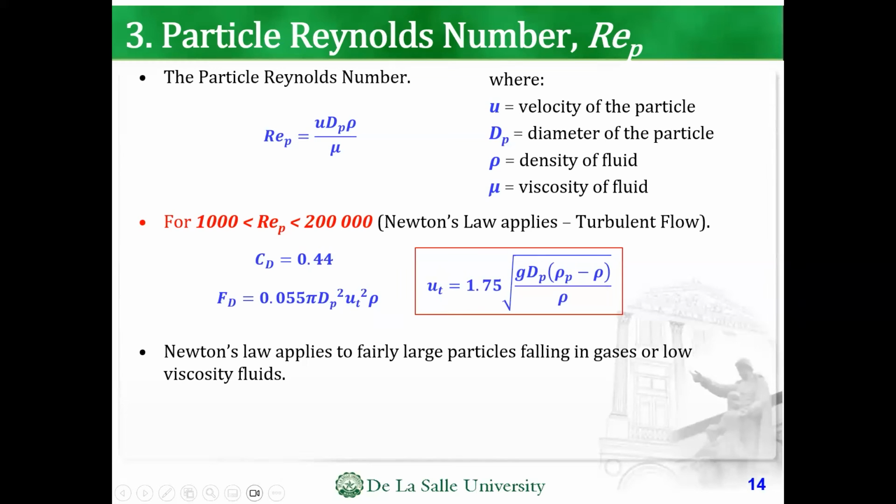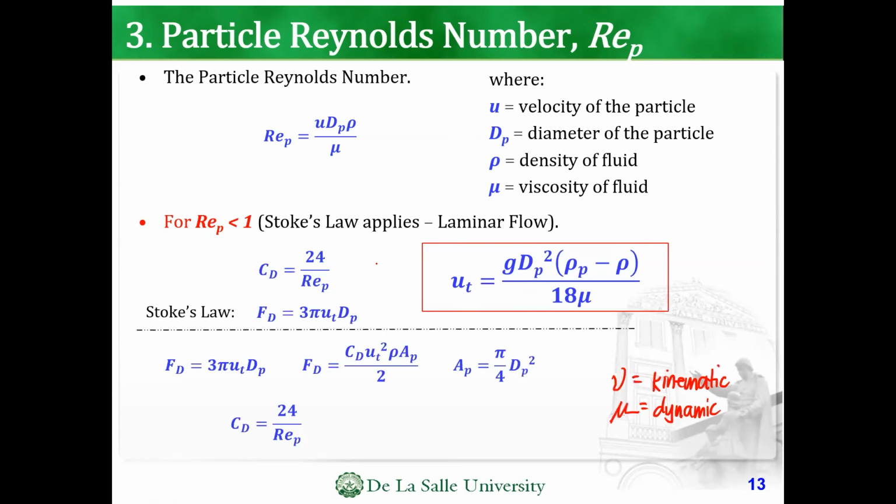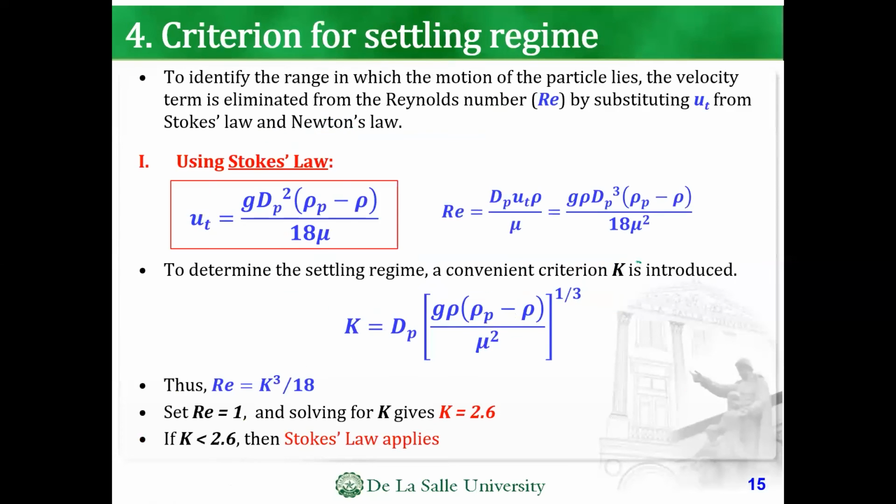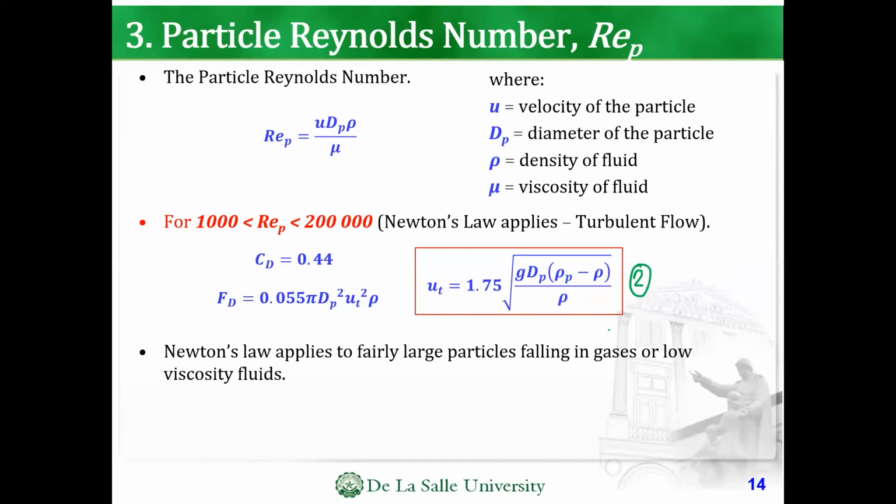So that means for the terminal velocity, there is another formula. Let's just call this formula number 1 for the terminal velocity. Let's call this formula number 2, formula number 2 for terminal velocity. So Newton's law applies to fairly large particles falling in gaseous or low viscosity fluids.